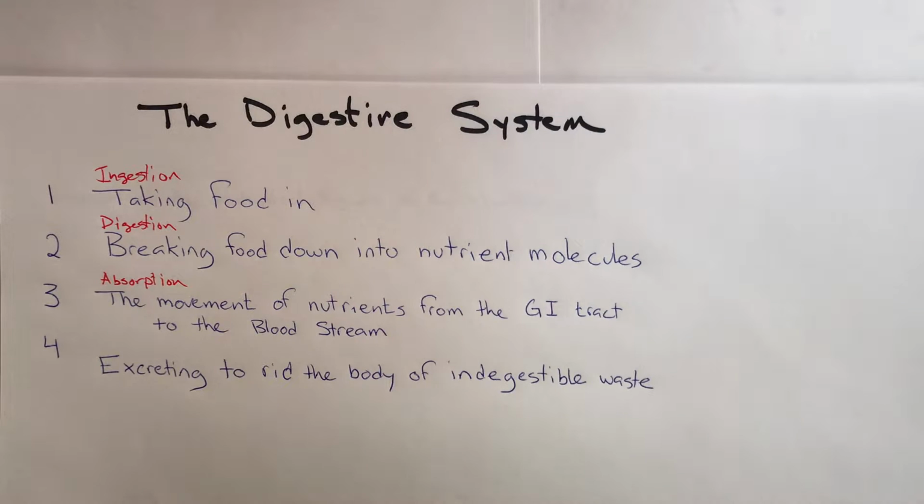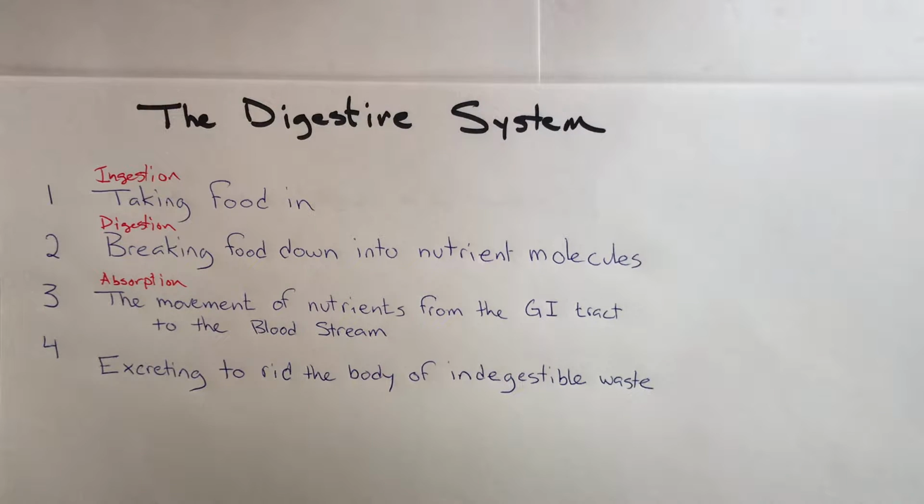Thirdly, we absorb. Absorption is the movement of nutrients from the GI tract to the bloodstream. Students often get these two confused, or sometimes they're used interchangeably, but actually digestion is breaking it down, which we need to do first.